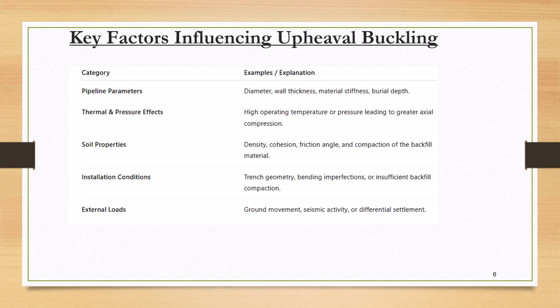So let's assume your pipeline has a soil depth of cover of 1 meter, meaning 1000 mm, and at the bottom of the pipe there is an imperfection height of 200 mm. In those regions, even though the soil cover is 1 meter, its effect will be around 1000 mm minus 200 mm.